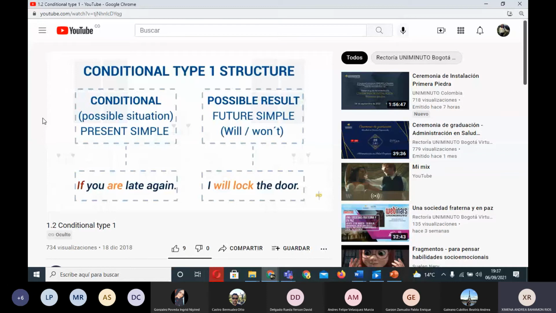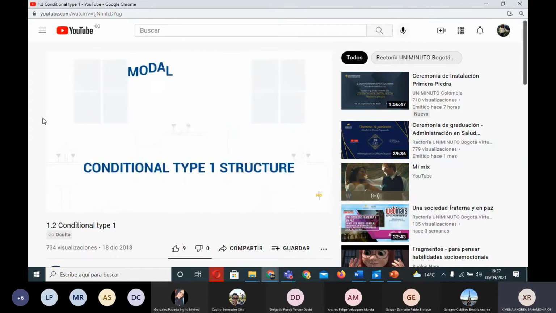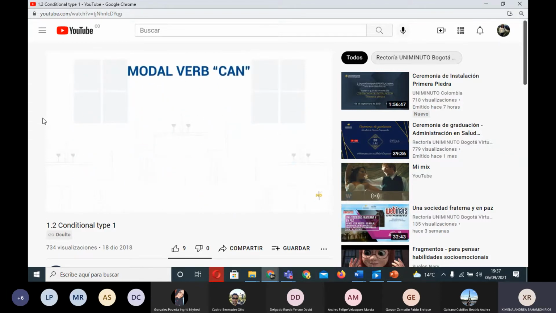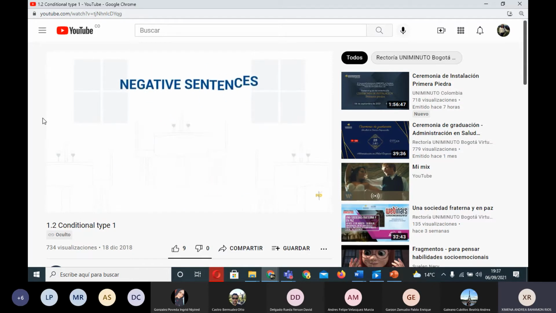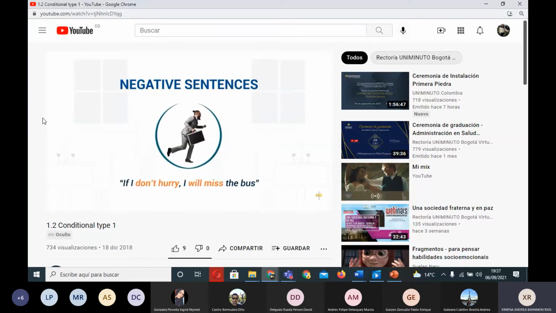In the result clause, we use the verb in the future simple form. In this example, will lock. Also, we can express the result clause by using the modal verb can. For example, if my mom works this afternoon, I can study with you. Let's study the conditional type 1 negative sentences. If I don't hurry, I will miss the bus.